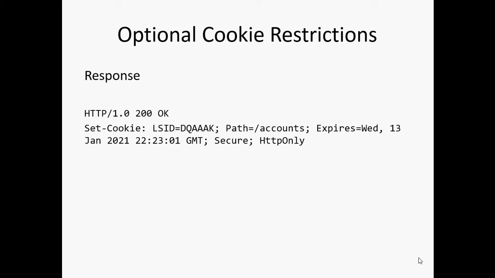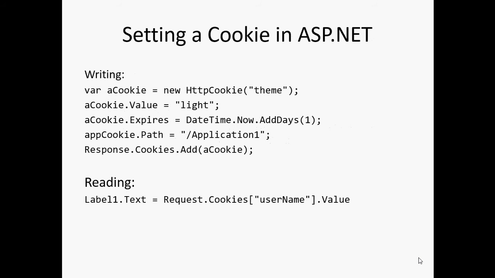It tells the browser to include the cookie only in requests that are sent over an encrypted connection. The cookie will be missing in requests to addresses starting with HTTP, but will be included with HTTPS:// requests. Here's an example of setting a cookie in ASP.NET.